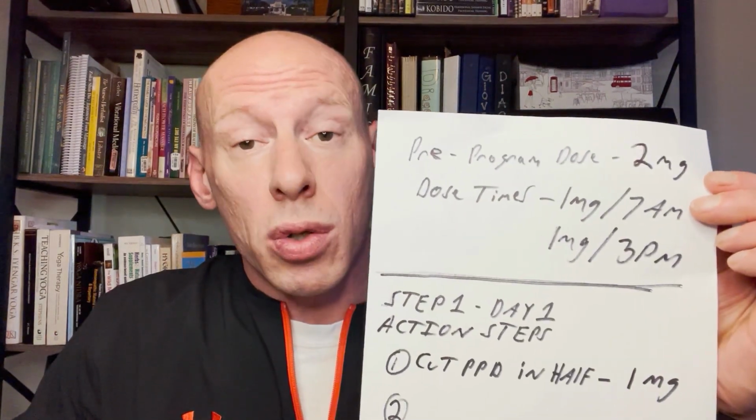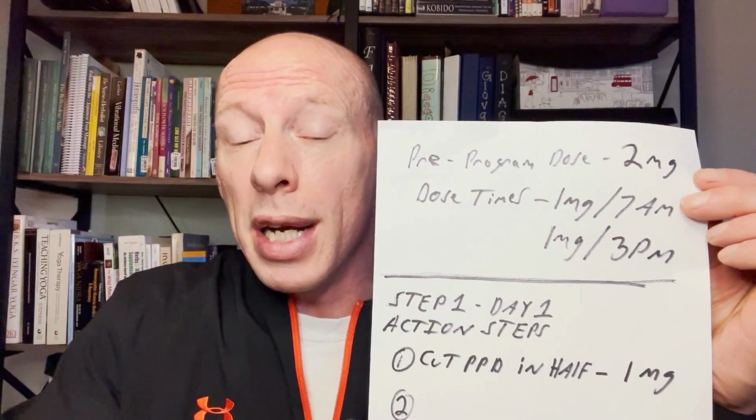In my case, underneath number 1, I'm going to write in my dose times and the new amount that I would be taking. If I was starting with 2 milligrams, that was my pre-programmed dose, and my new dose for step 1 is going to be to cut that in half. But I was taking it 2 different times a day.